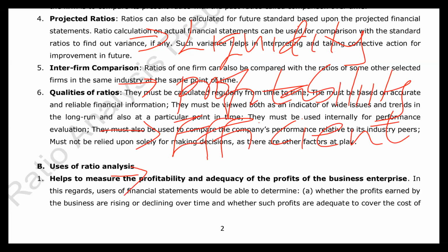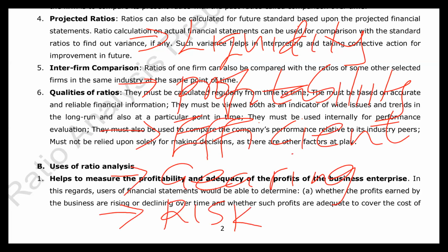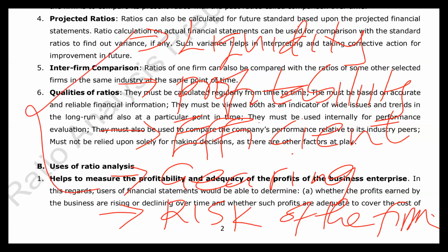We also test how geared the company is. It's called gearing. So that is to measure how much debt the company has. Then we also measure how risky the company is, how much risk is in that firm. That's what we study. So these are the 5 pillars of financial statement analysis.